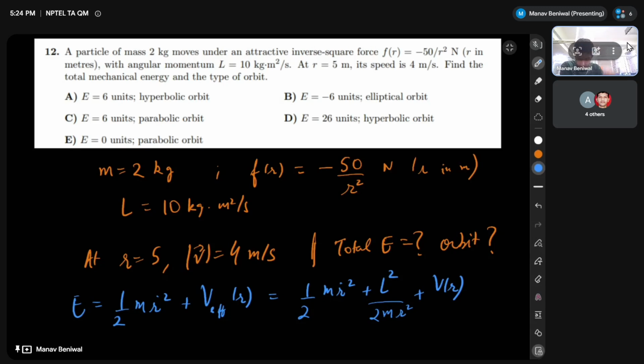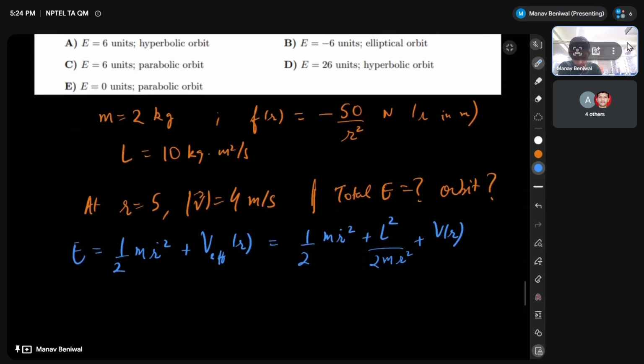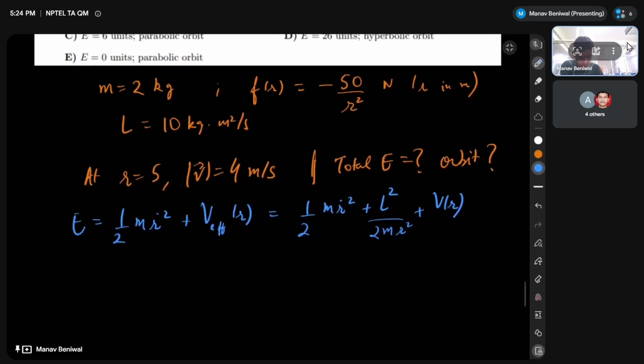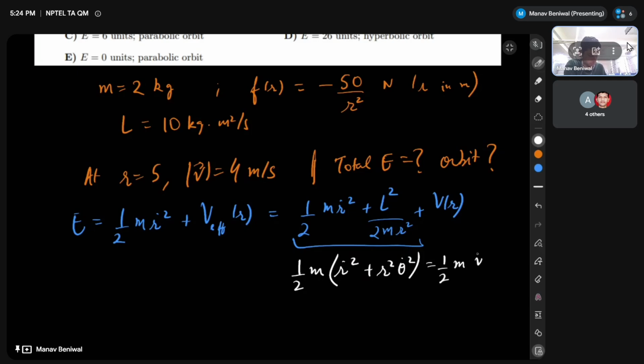Also, we should note these two terms combined, half m r dot squared plus L squared over 2 m r squared. This we did in the last class also, we can write this as half m (r dot squared plus r squared theta dot squared), right? And this term is actually our kinetic energy, so this is nothing but half m v squared. This was our kinetic energy and this is our potential energy.